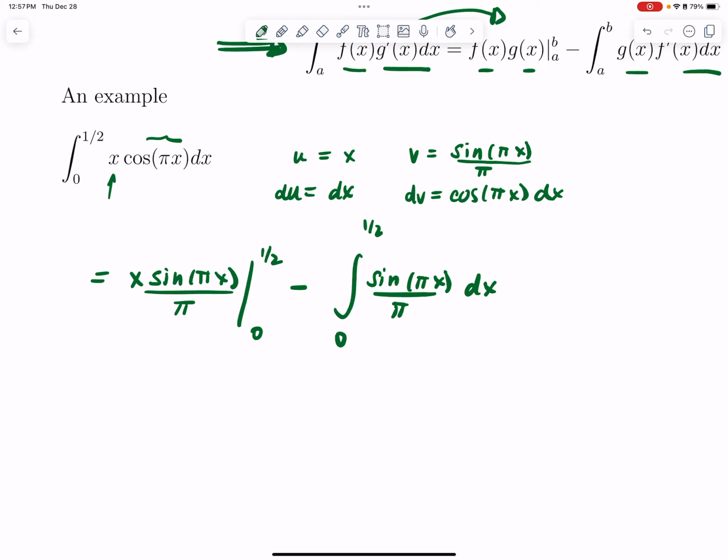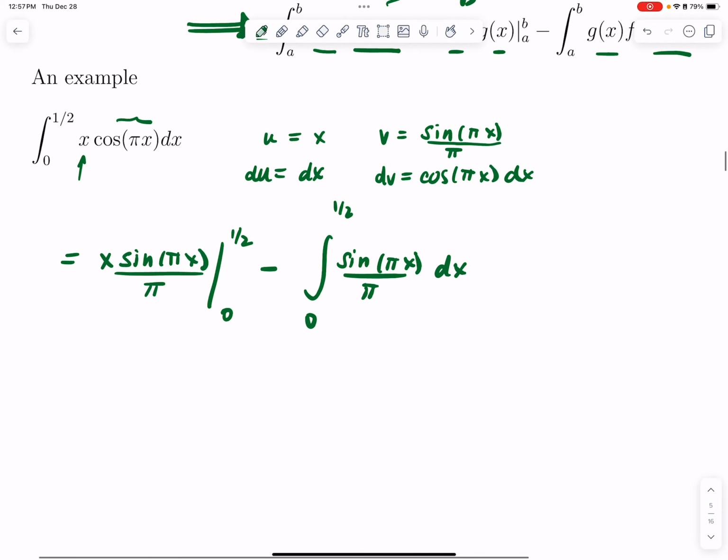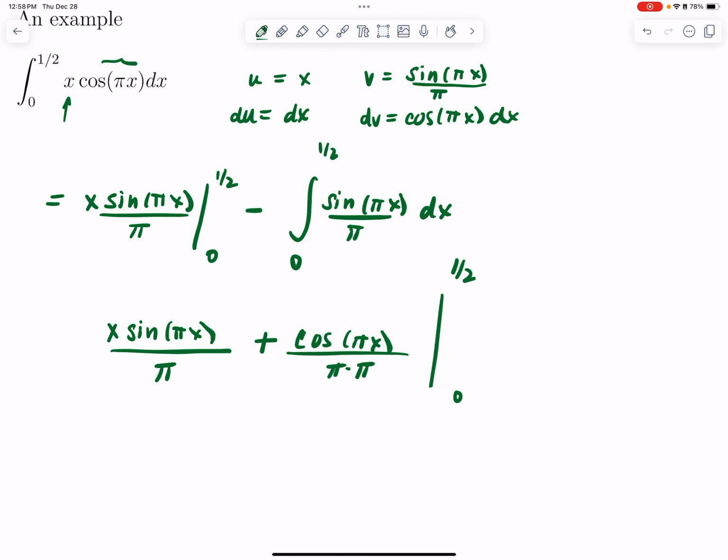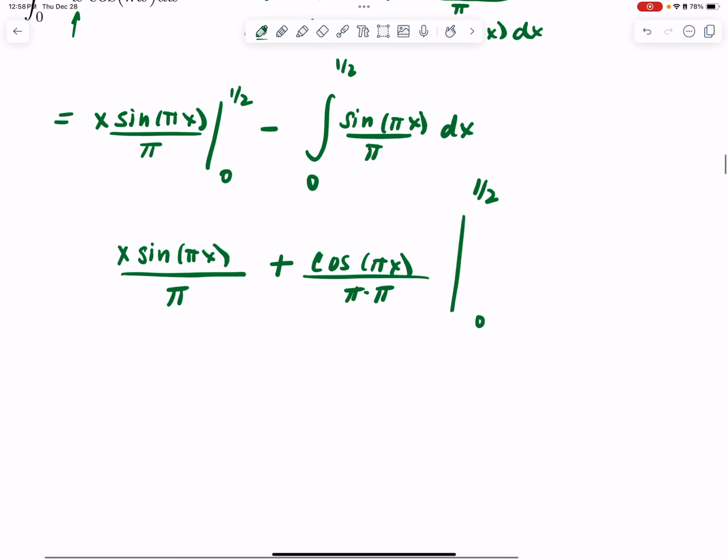I end up with x sine of pi x all over pi minus the antiderivative of sine, which is cosine, so it's positive cosine of pi x over pi times that pi that's already there, so pi squared, and we're going to take this whole thing and go from 0 up to a half. So you just have to be careful with all the little pieces, the signs, the constants, the algebra, really.